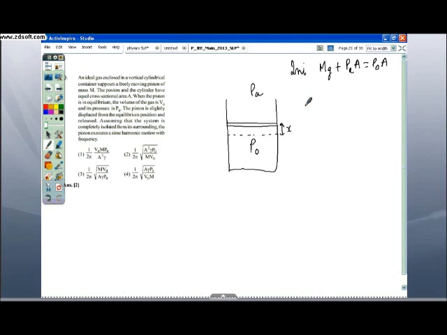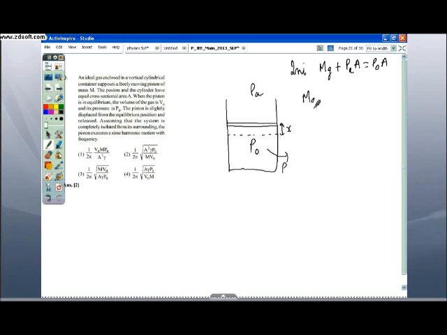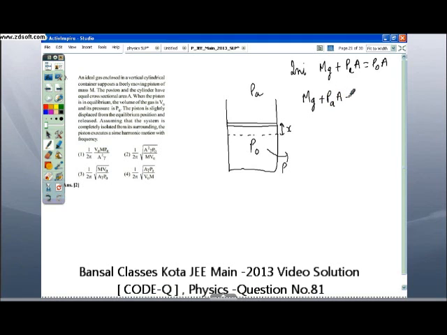Finally speaking, I can say the new pressure would change to P. So the new situation would be mg plus P atmosphere into A minus P into A will be mass multiplied by acceleration.